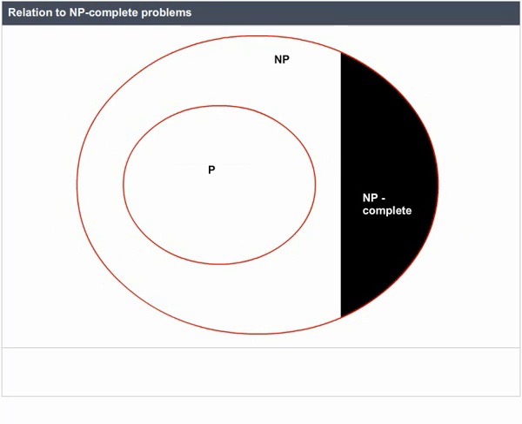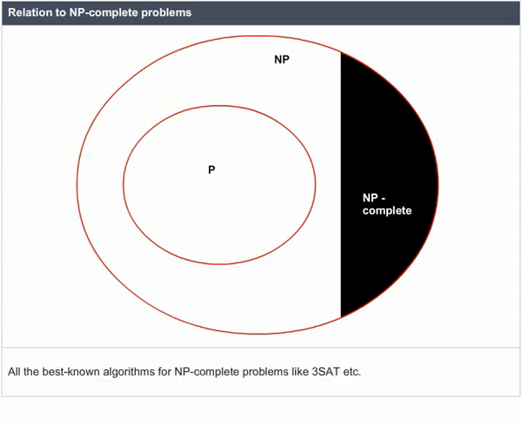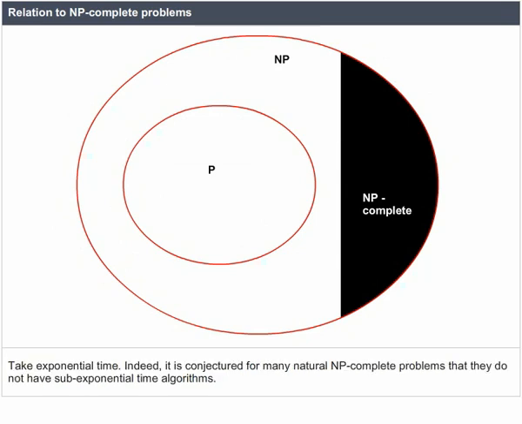Relation to NP-complete problems. In complexity theory, the unsolved P versus NP problem asks if all problems in NP have polynomial time algorithms. All the best-known algorithms for NP-complete problems, like 3-SAT, take exponential time. Indeed, it is conjectured for many natural NP-complete problems that they do not have sub-exponential time algorithms.